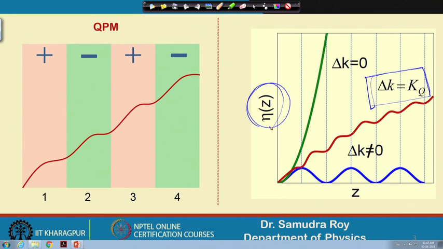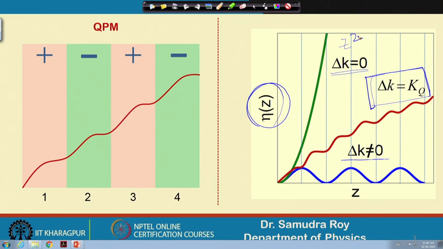How the efficiency improves by the introduction of quasi phase matching is shown in this figure. When delta k is not equal to 0, that is the most general case, we find that efficiency is there, but it is going down. If delta k equals 0, that is the most ideal case, we find efficiency goes as a function of z square, which we also learned in the previous class.